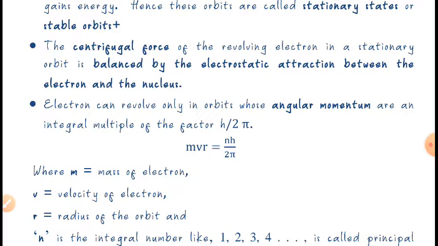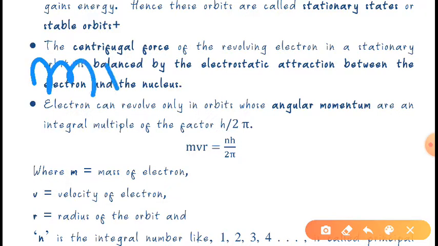Okay, now again what he says, angular momentum. I hope all of you have learned in class 10 or 9 about angular momentum, which is mvr, right? Okay, what he says is that the electron which will revolve around the nucleus can revolve only in the orbit whose angular momentum is an integral multiple of h by 2 pi.